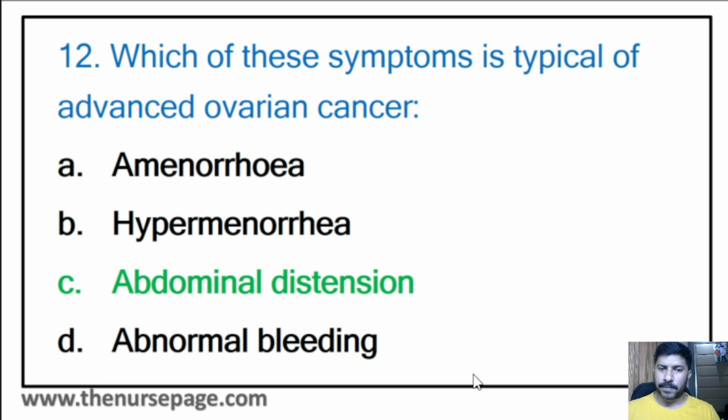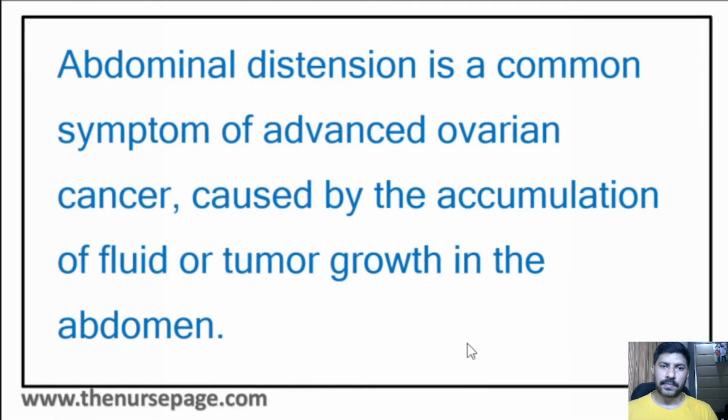Amenorrhea, hypermenorrhea, sometimes abnormal bleeding may also occur, but commonly abdominal distension is the common symptom in advanced ovarian cancer. Abdominal distension is caused by the accumulation of fluid or tumor growth in the abdomen.